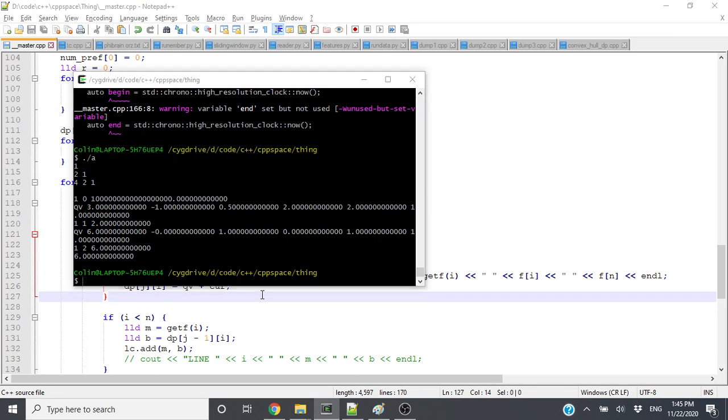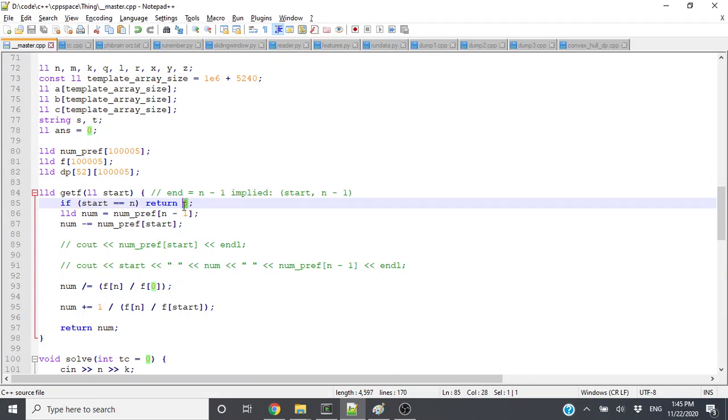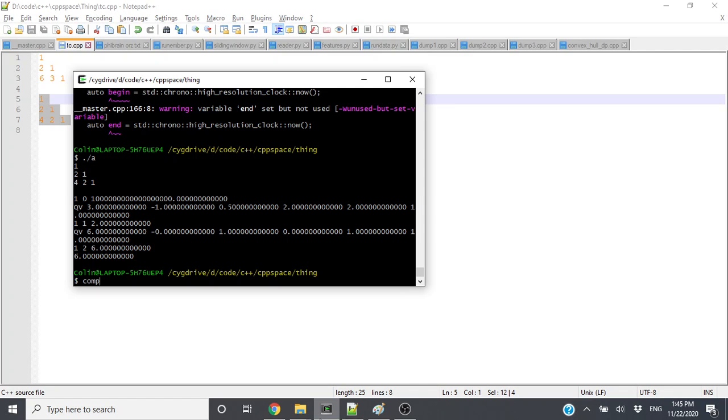So cur is, what is h? Okay, so we have 3. Okay, actually, so QB is 6, which is fine. Should this be 1 now? Maybe it should be.